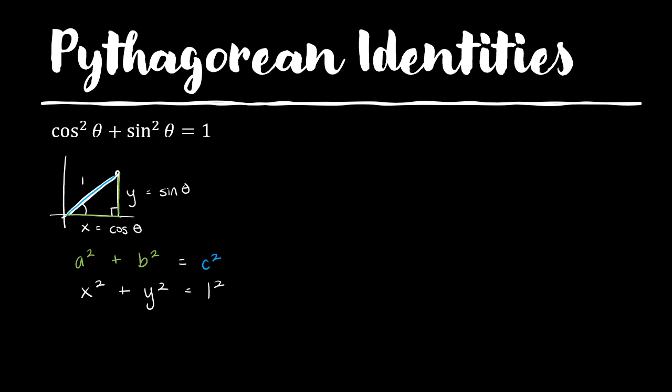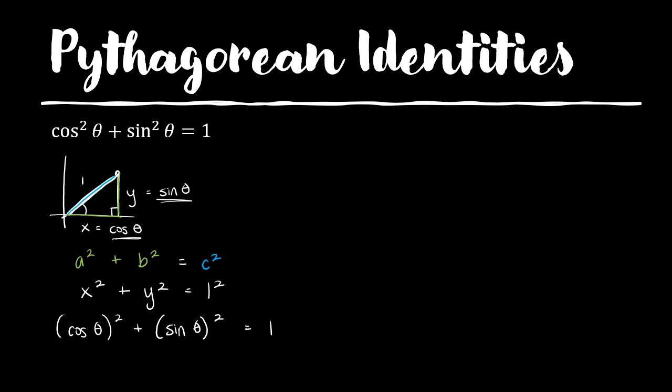Now if we substitute our values for theta into x and y, what will we get? We can write that perhaps as cosine of theta squared. Sine is equal to y, so sine of theta squared, that's equal to 1. This is our identity. We've written it maybe a little bit differently.